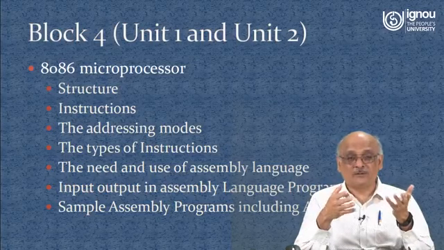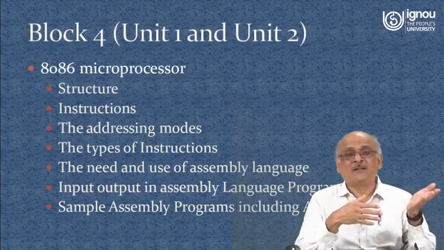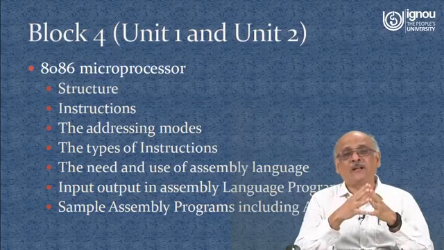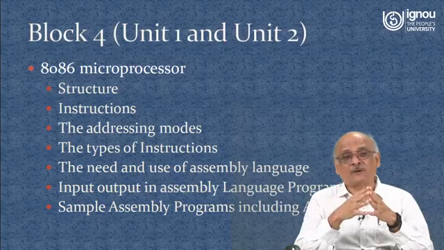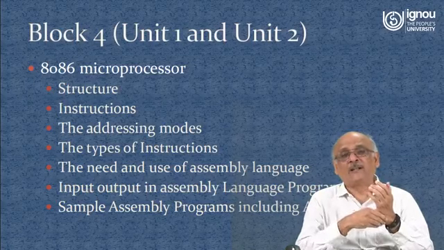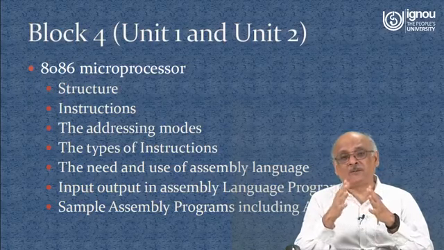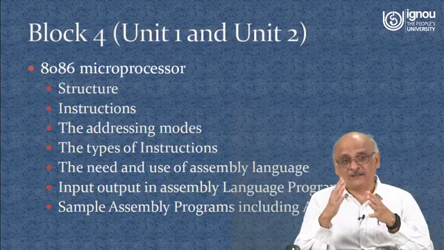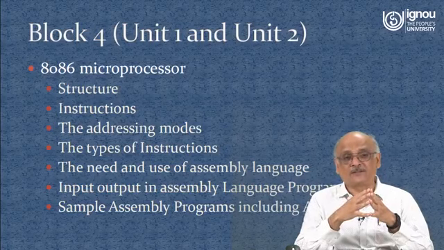If you don't have a microprocessor kit, the different IN and OUT instructions can be used in that particular kit also. But for the sake of assembly language instruction, it may be a good idea to deal with interrupt 21H with the different functions 01H, 0AH and all that. So you will learn about these input output topics from this block 4.